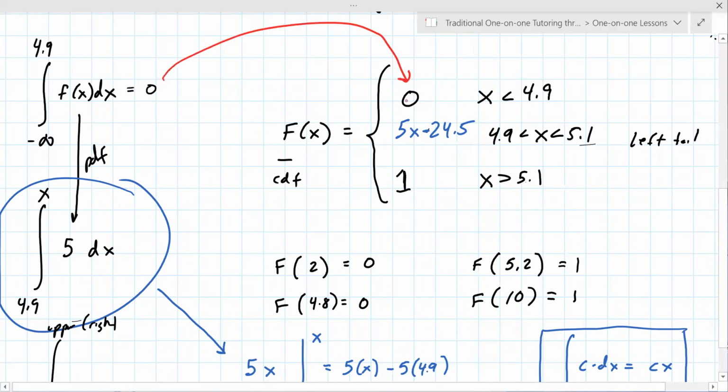Because we're going from negative infinity to 4.9, which is 0, dx goes 0. And that is our PDF.